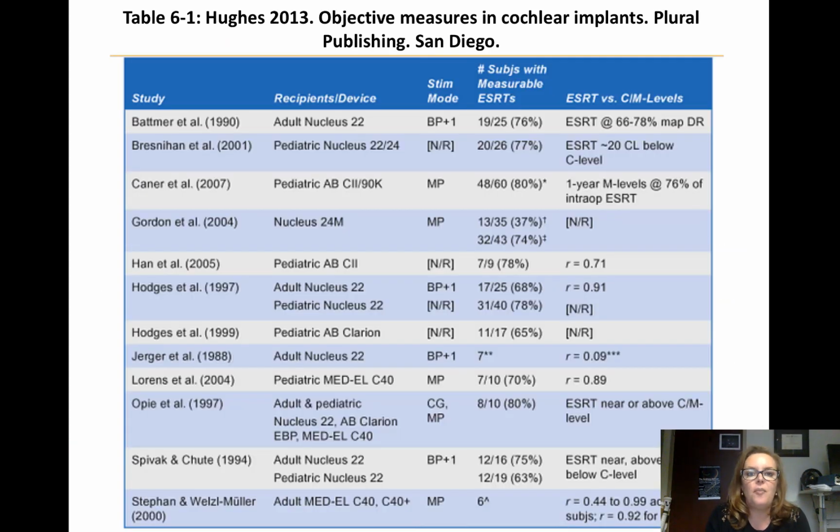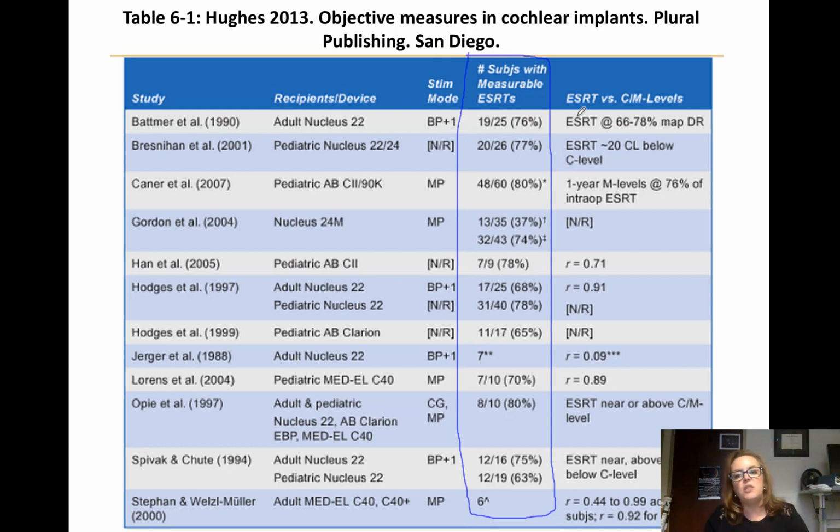Here's a table from the Hughes 2013 book. Again, I'm really going to plug that book. I think it's fantastic. If you want more information, I definitely would recommend getting it. They highlighted a number of studies that have looked at trying to get ESRTs in a group of patients, and they track the number of subjects in each study that actually had measurable ESRTs.